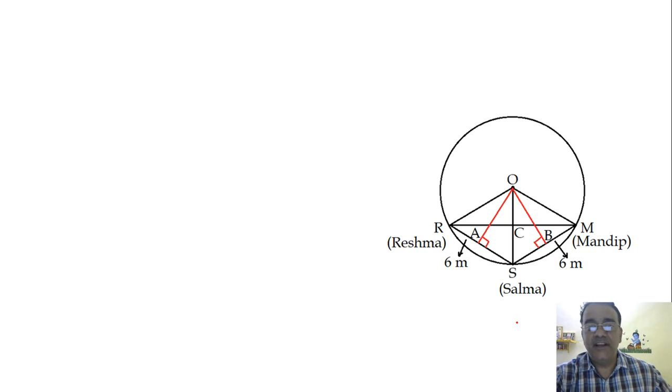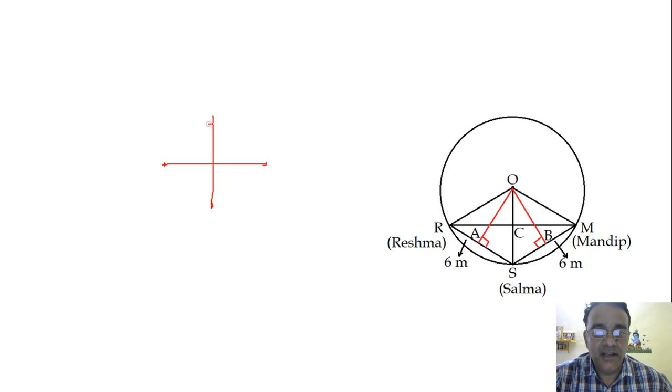Okay. Now one very important property is there. Listen carefully. This is a line segment, and if we draw the perpendicular bisector of this line segment, if you take any point on the perpendicular bisector, that point will be equidistant from the end points of the line segment.